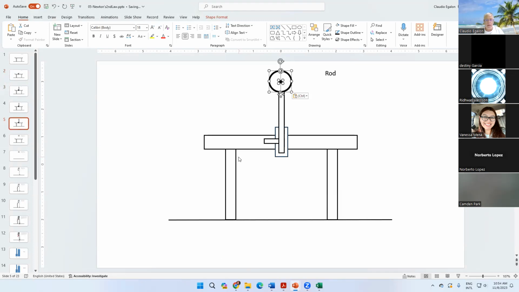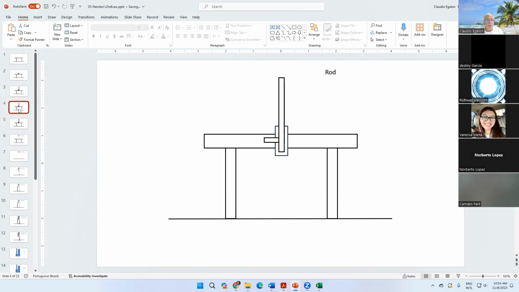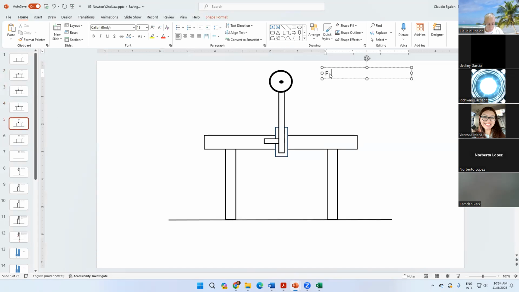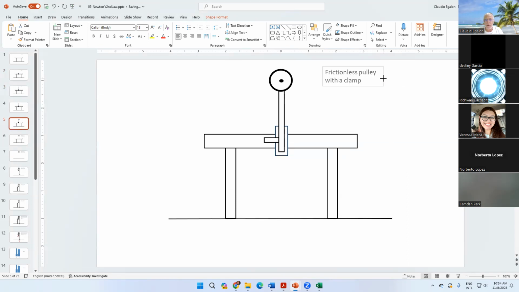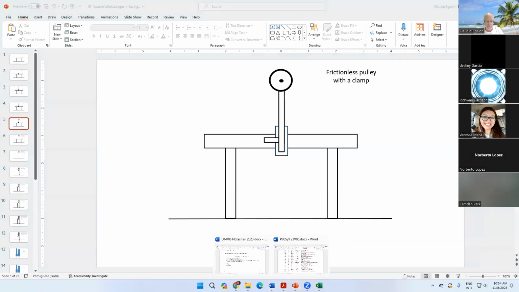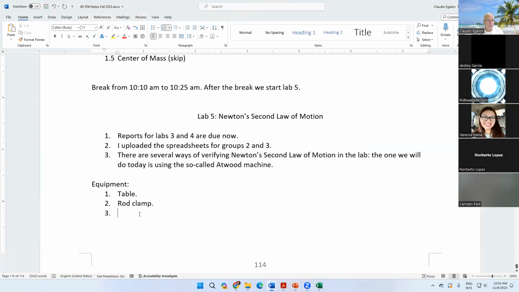Okay, here's my frictionless pulley. The frictionless pulley has a clamp as well. There's a clamp, which is not illustrated here. Rod clamp, rod, frictionless pulley with another clamp.